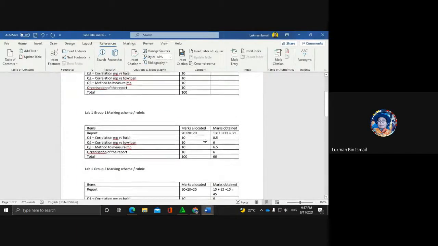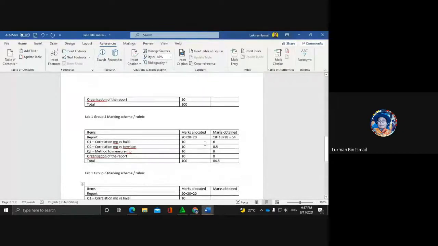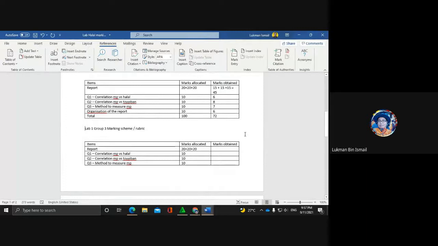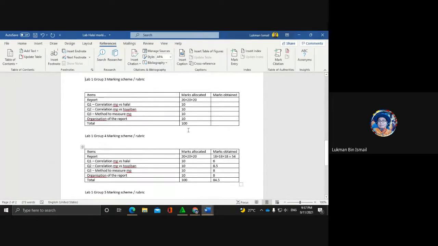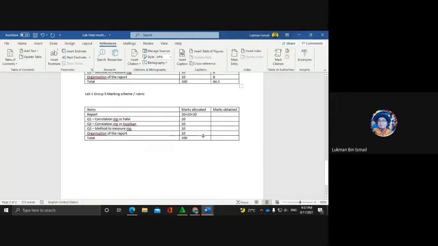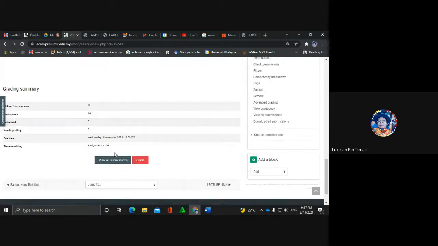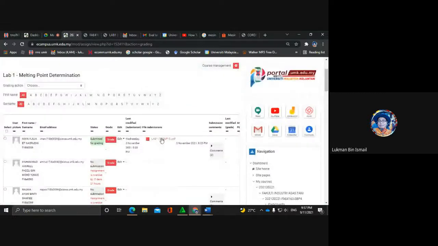Group 1 dah, group 2 dah, group 3 belum. Dan group 5. So kita tengok group 3 kat mana. Group 5 ni. Oh, group ni dia hantar.